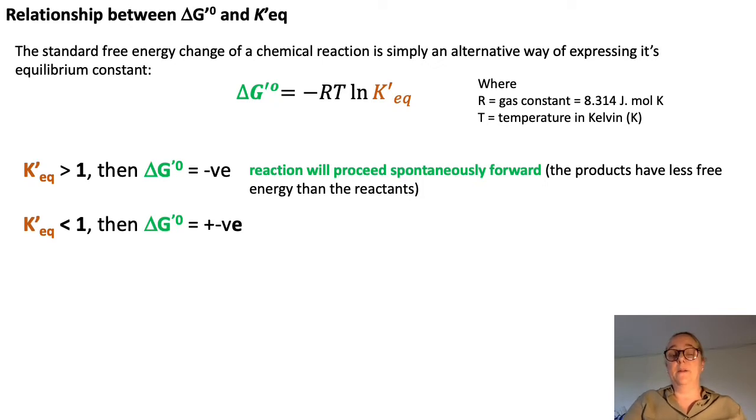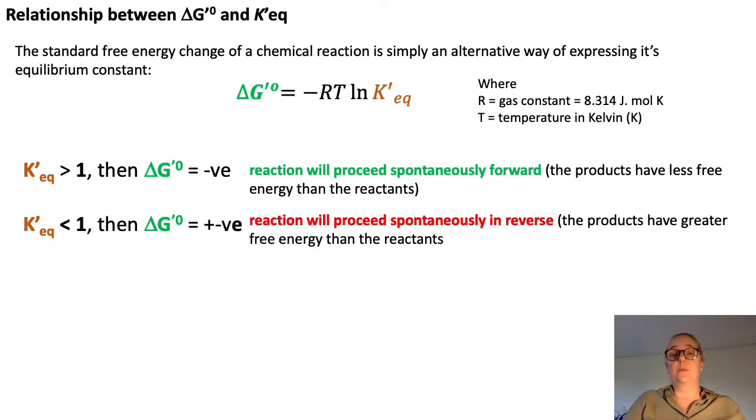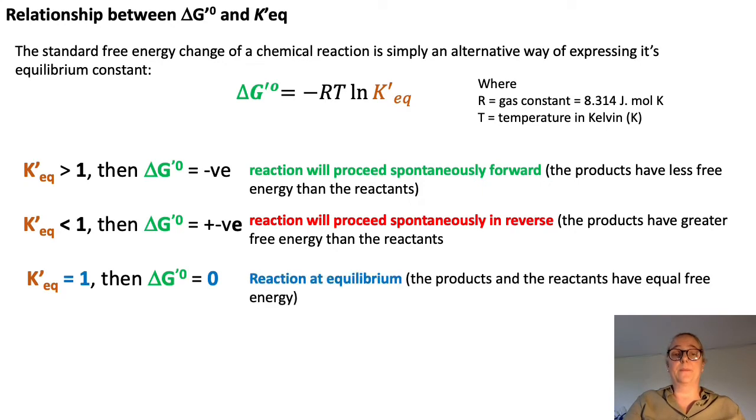When the equilibrium constant is less than 1, the delta G is in the positive range, and the reaction will proceed spontaneously in reverse, and the products have a greater free energy than the reactants. And when the equilibrium constant is equal to 1, the delta G is equal to 0, and the reaction is at equilibrium. The products and the reactants have equal free energy.